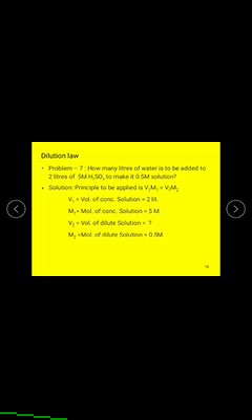For this we apply the dilution law, M1 V1 equals M2 V2. From this we calculate V2, the volume of the dilute solution, which is M1 V1 by M2. That is 2 into 5 by 0.5, which is 20 liters.